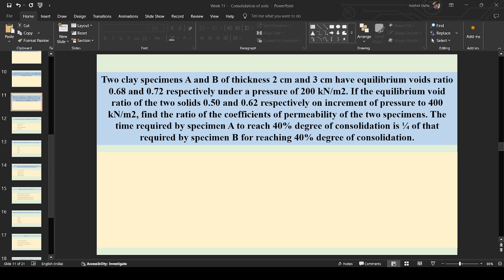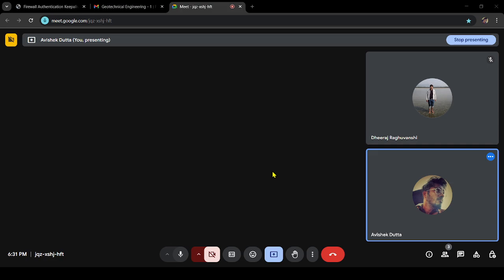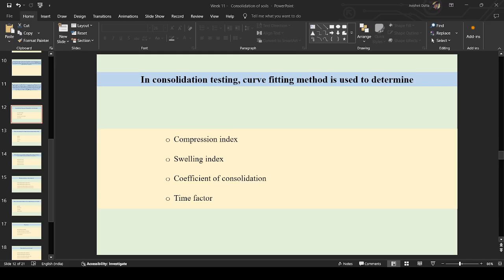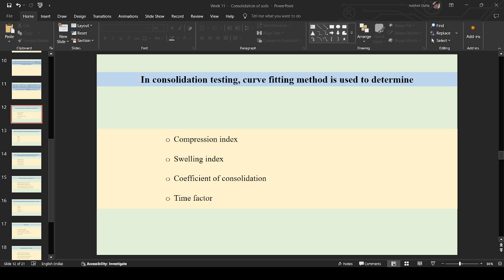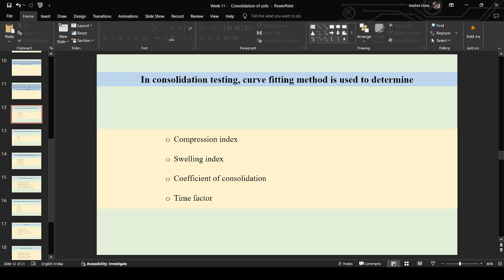Okay, so I'll go to the next question now. In consolidation testing, curve fitting method is used to determine.